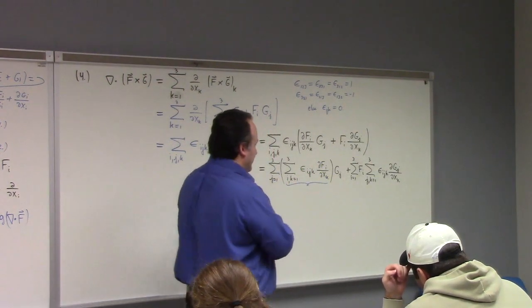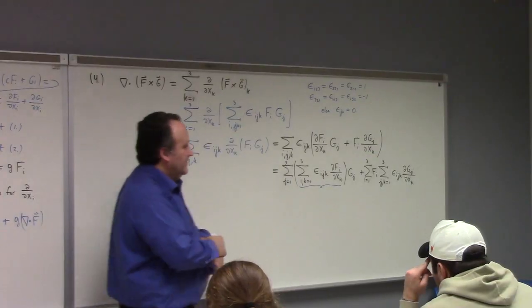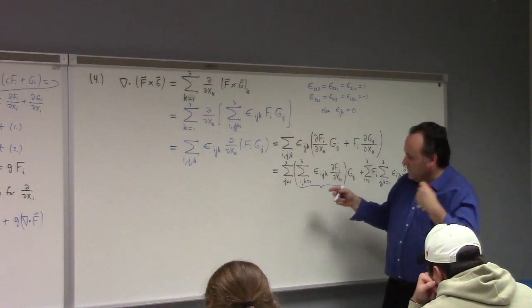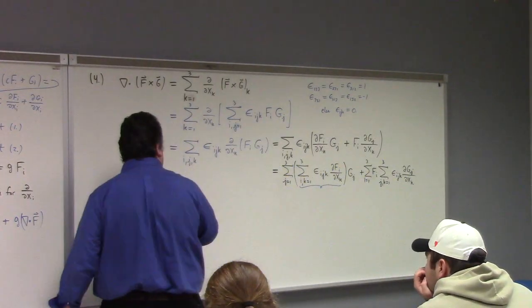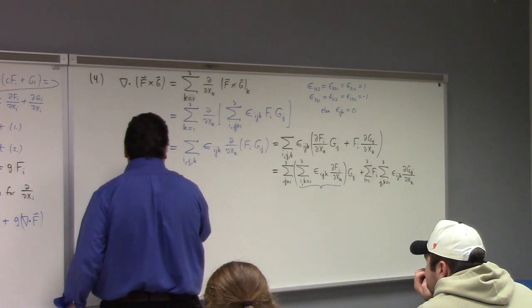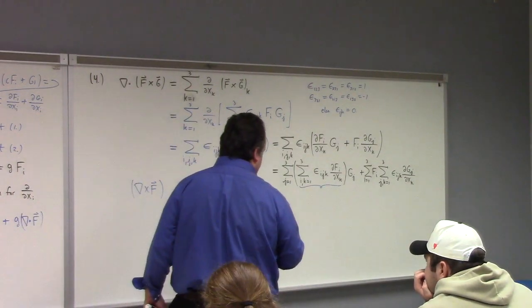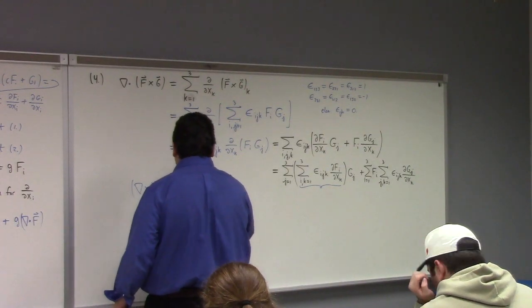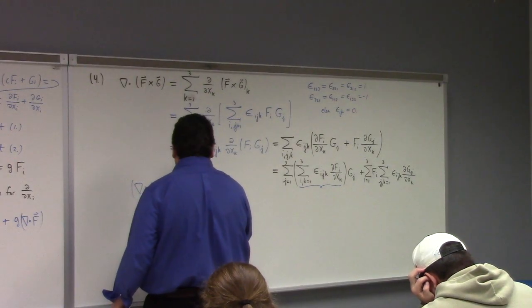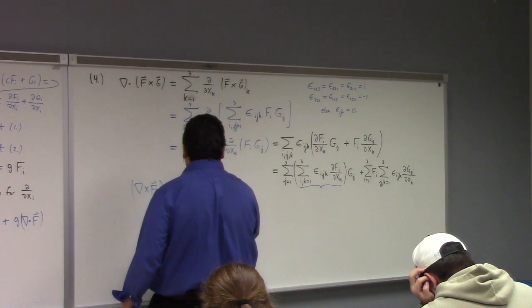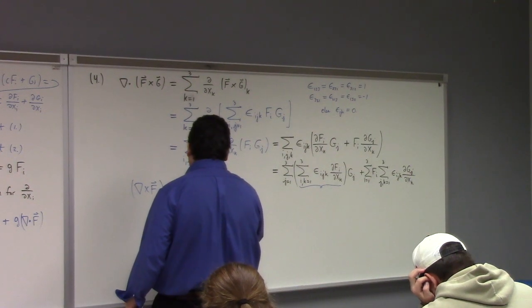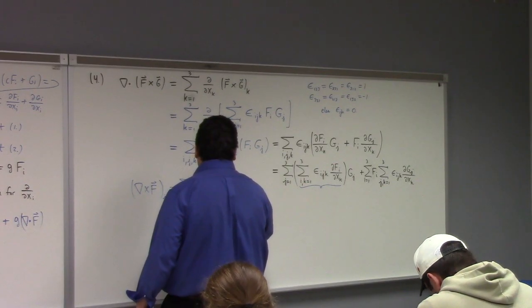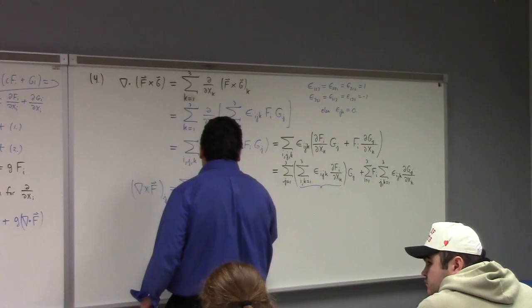That's like the jth component of something, but it's not quite the right pattern yet. If you look at the definition of the curl, the jth component of the curl of f would be the sum over i and k of epsilon i, k, j times partial f sub k, partial x sub i.